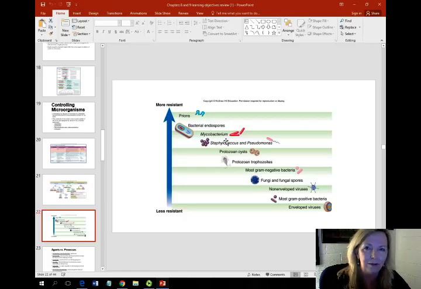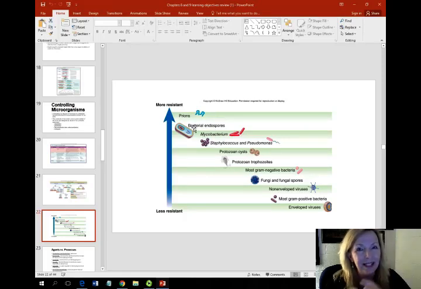These might be really hot environments, acid environments, or low-nutrient environments. These bacteria form very thick spores that can sometimes last for hundreds of years. So these are more resistant, and it takes more to get rid of them.